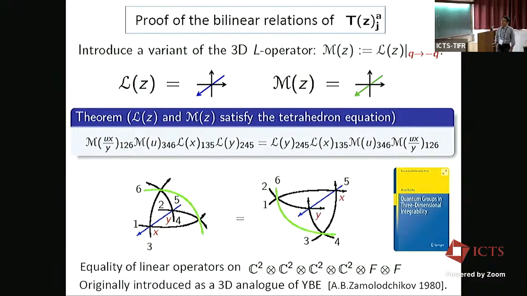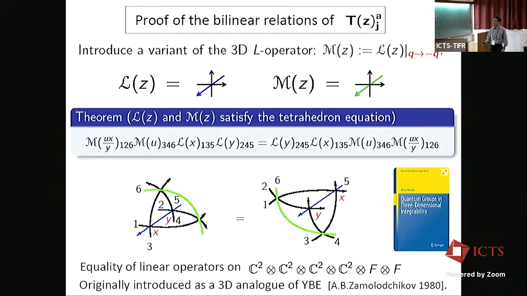For example, this factor 245L is here. Then you have to apply 135 here. The next one is 346 here. And the last one is 126 here. So these arrows faithfully represent the order of the product of these operators.